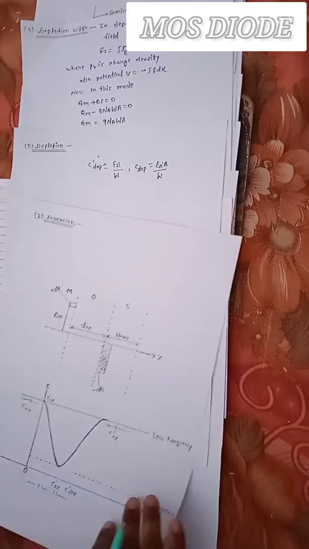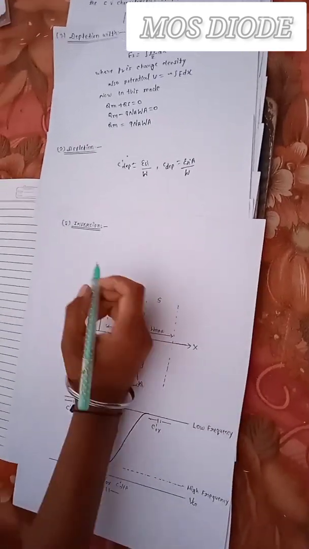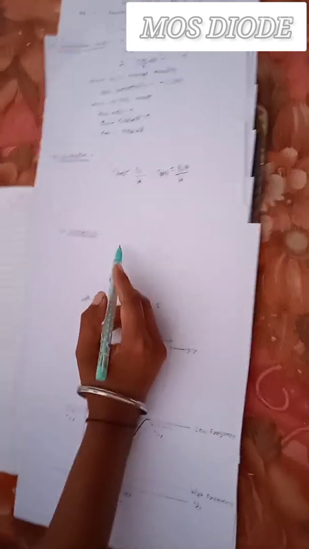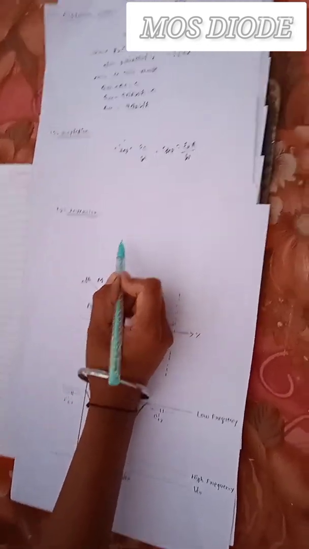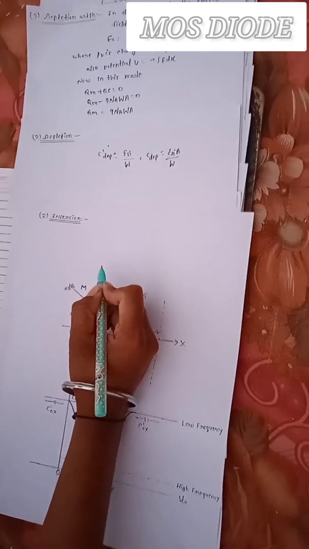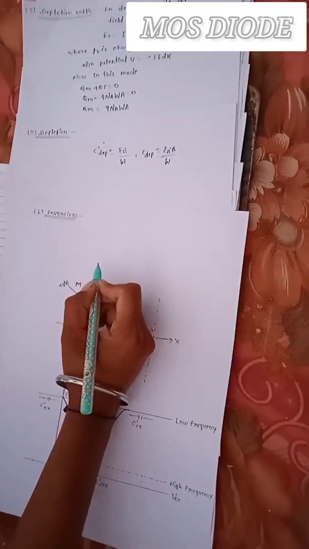Third, the inversion case. Now in inversion mode at low frequency signal condition, due to thermal generation, electrons accumulate at the semiconductor interface.